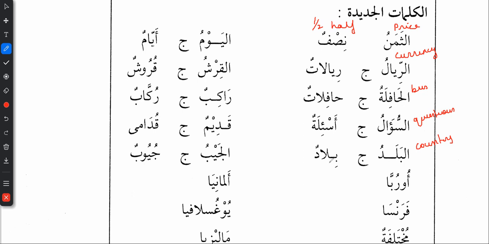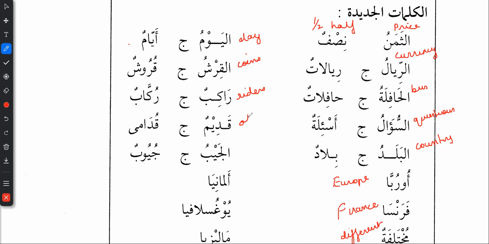These are country names. Oruba, Europe. And Faransa, France. Mukhtalif, different. Here yaum, day, and you can see it's ayyam. This is a broken plural. Qirsh, qurush, is also a broken plural. Qirsh is coins. And raqib, riders, rukab. These are all broken plurals. Qadim, qudama, old.